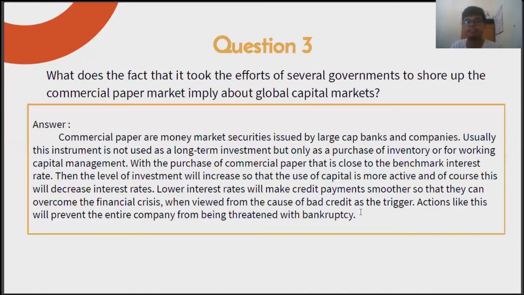Usually, the instrument is used not as a long-term investment, but only for purchase of inventory or for working capital management. With the purchase of commercial paper at rates close to the benchmark interest rate, the level of investment will increase so that the use of capital is more active, and this will decrease interest rates.